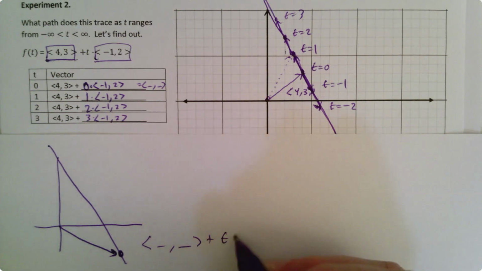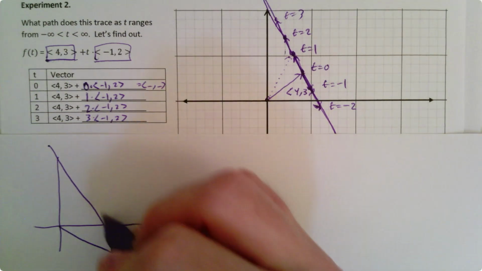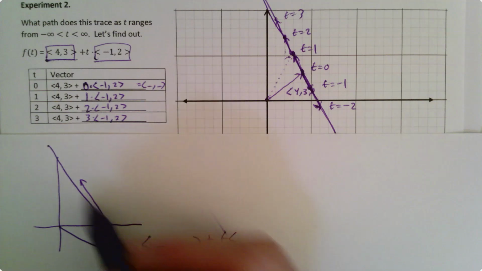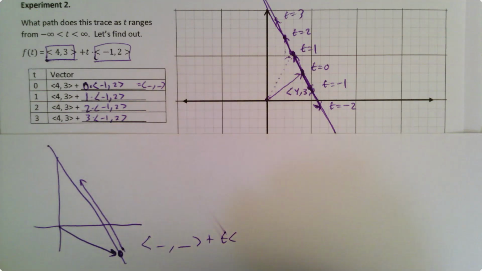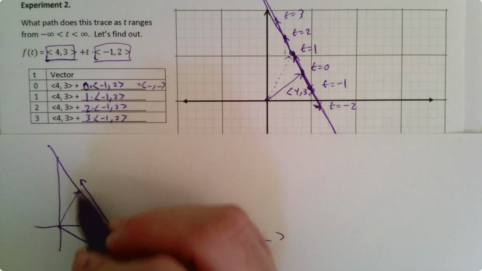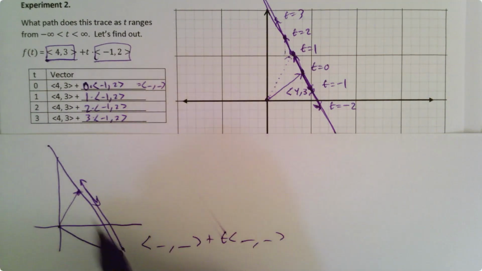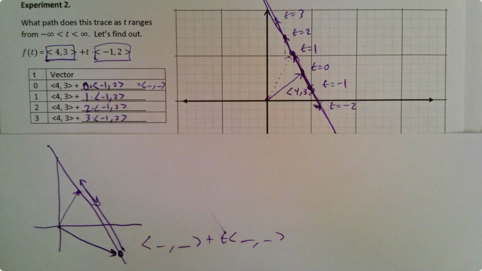And then I could time scale another vector that could be a very long vector, but as long as it points in the direction that the line is going, it's still going to produce the same line. So that's a useful general idea. You can start at any point on the line, and you can move along a vector, and any vector will work so long as it points in the direction you want to go.